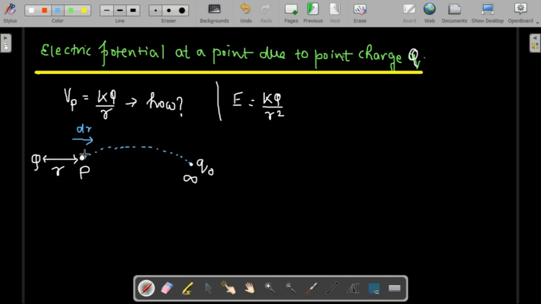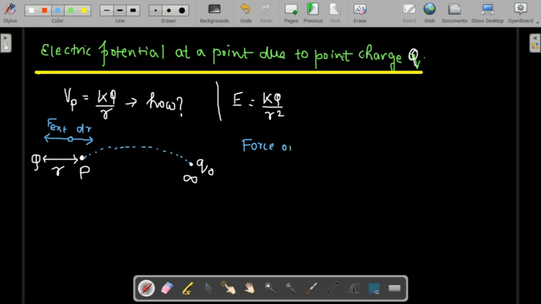That means I'm doing the work done against the force, and that work done is in this direction. So this is the direction of the external force. I'm using an external force and trying to bring it in this direction, but the displacement will be in the opposite direction because this is positive and this is also positive. So we can just write down what is the force.